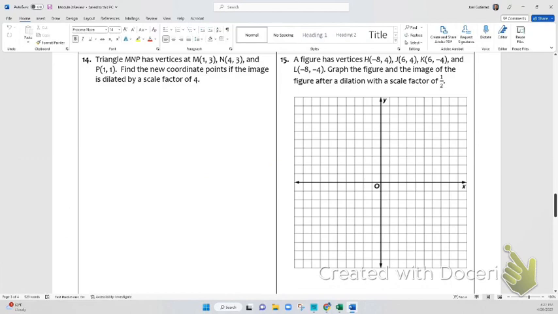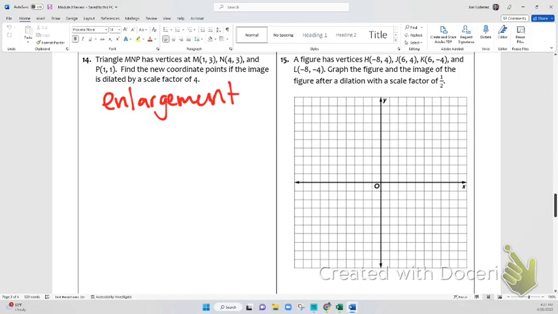And then for question number 14, they gave us a triangle, and it says find the new coordinate points if the image is dilated by a scale factor of 4. So if I have a scale factor of 4, that's a number greater than 1, which means this is going to be getting bigger. When you make something bigger, that's called an enlargement.